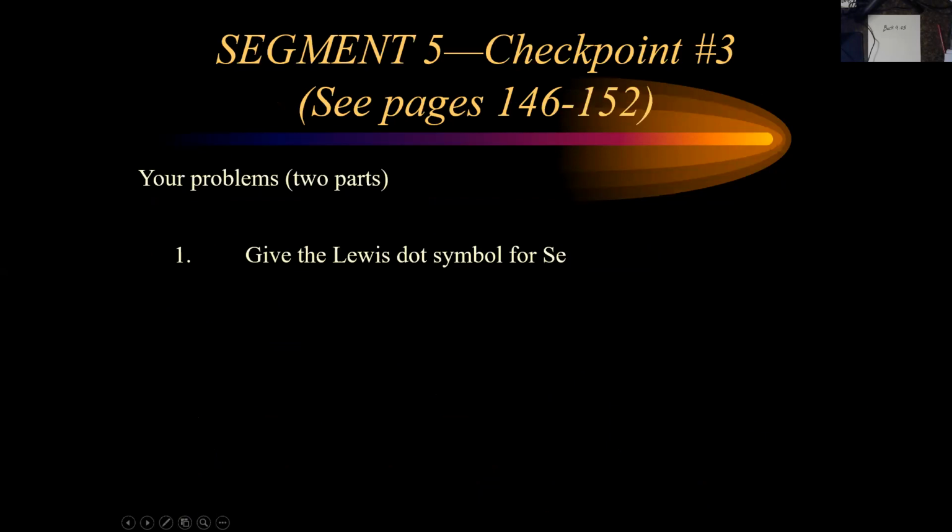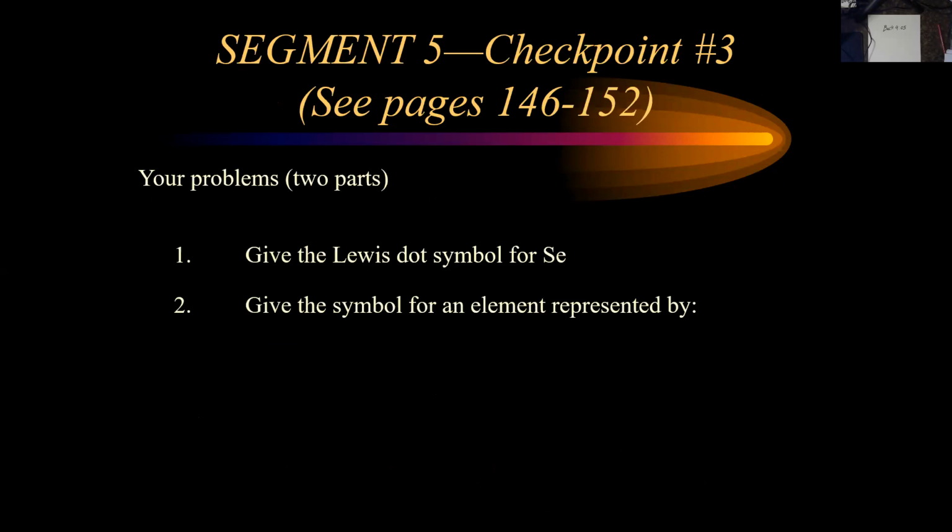We'll make some more points about that later, but I thought this was a good time to see why this is important. Okay, let's do the Lewis dot structure for selenium. I'll look at selenium myself on the periodic table. You can look with me if you want to. Selenium is in group 6A. It's element number 34.